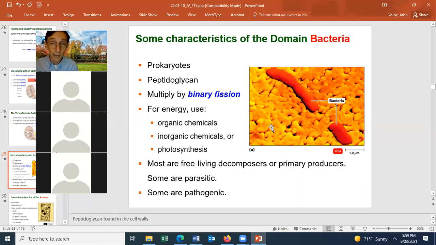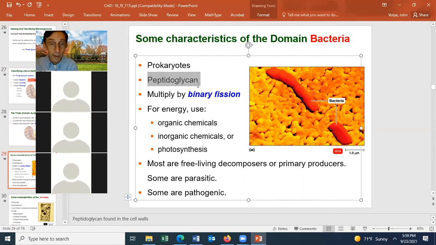So if the bacteria has a cell wall, you'll find peptidoglycan in it, and this is the main molecule in the cell wall. The bacteria multiply mostly by binary fission, and that is the cell will grow and then literally divide into two, split into two. That's what binary fission means.